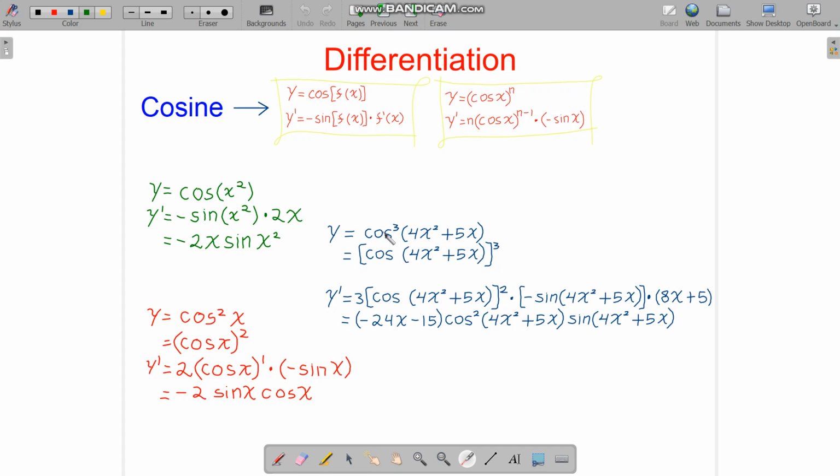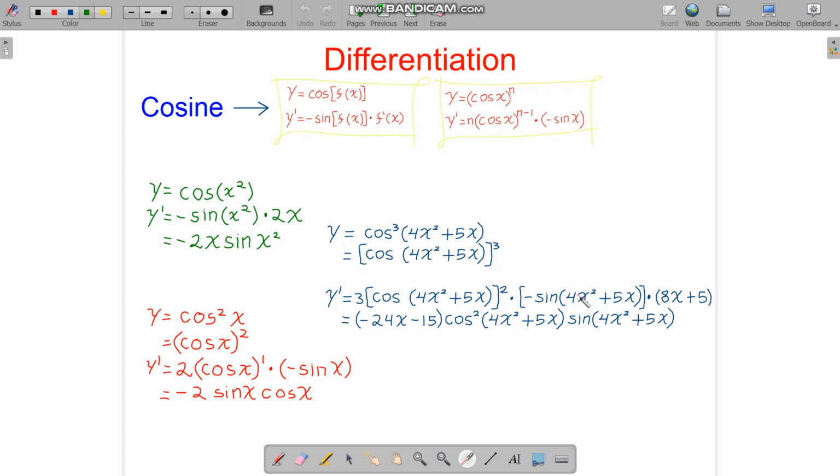Combining both rules, if y equals cos cubed 4x squared plus 5x, or cos 4x squared plus 5x all to the power of 3, bring the power down 3 times, exactly the same, the new power is 2, times the derivative of cos 4x squared plus 5x, cos becomes minus sine, still exactly the same angle, 4x squared plus 5x, times the derivative of the angle.